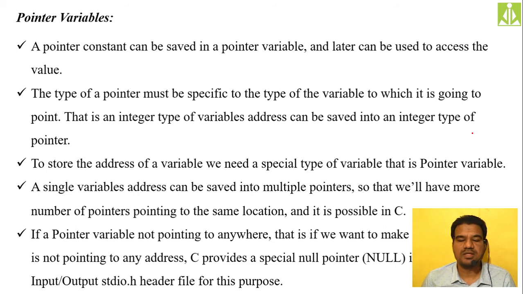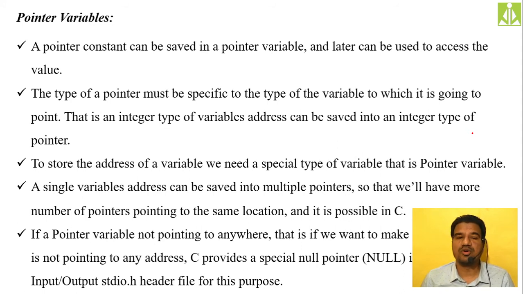Because every variable is going to have some unique address, that address you can store into some other variable. When you have values for variables, we store those values into other variables as well. So when you have addresses for variables, those addresses also you can store into other variables.